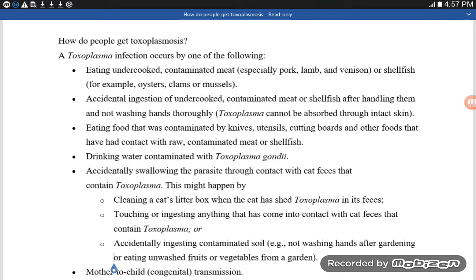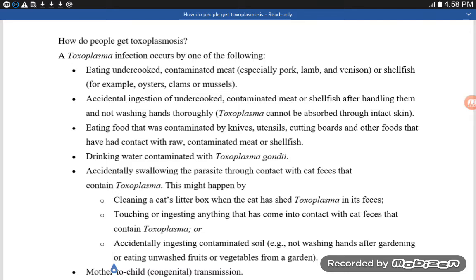Otherwise, if the meat or shellfish is contaminated with the infective stages of Toxoplasma, they may be picked up when we use the contaminated knife, utensil or cutting board for other cutting, like vegetables, and so it will be transmitted.